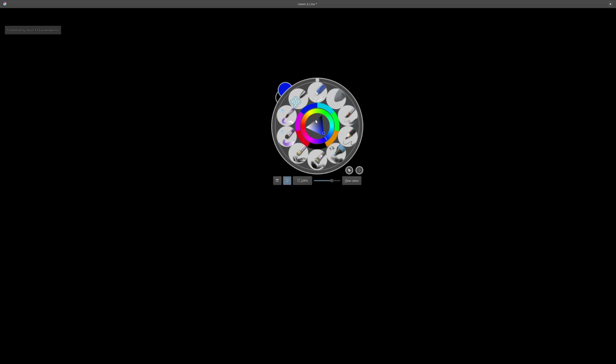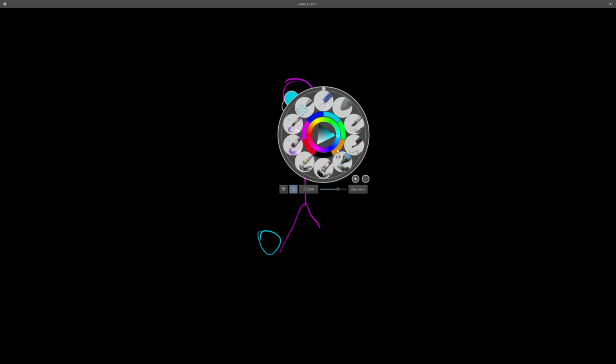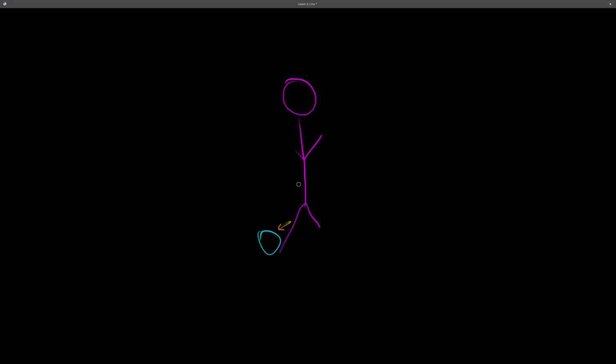So when we consider forces, it's important to understand how to identify them. For example, when you have a person here and this person is kicking a ball, he kicks it, right? So he applies a force. It's important to understand that the person and the ball are all in a system. What does that mean?